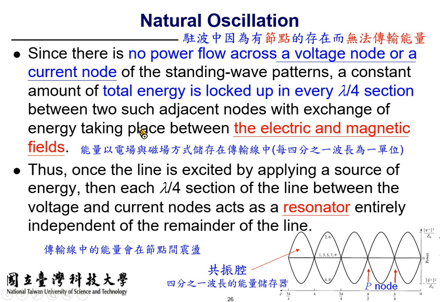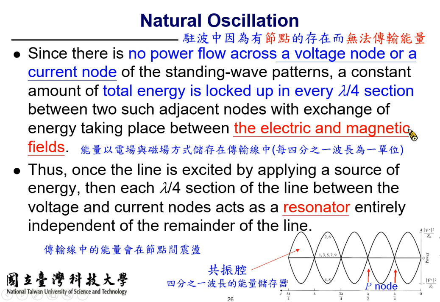So a transmission line with complete standing wave pattern simply can be viewed as the total energy locked up in sections of quarter wavelengths long, and they are stored in the transmission line in terms of electric and magnetic field. So the voltage stands for the amount of electrical field, and the current stands for the amount of magnetic field.